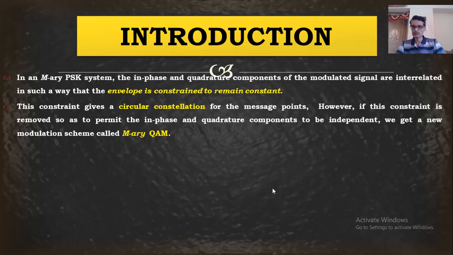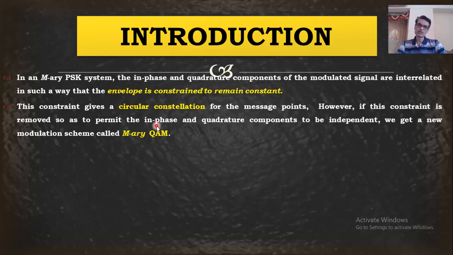Now, if I remove that constraint, that means maintaining the amplitude constant, along with changing the phase, I will also change the amplitude. In that case, I'll get a new method called M array QAM.